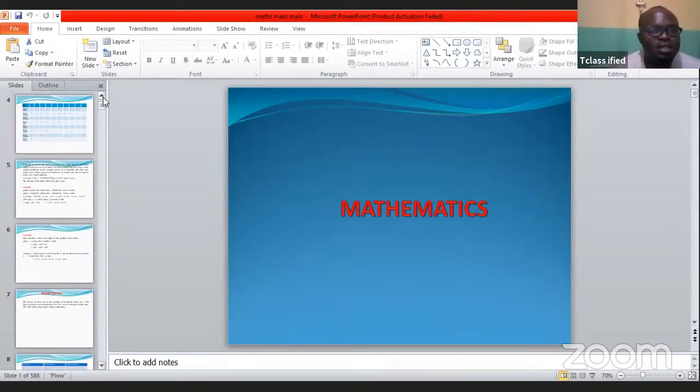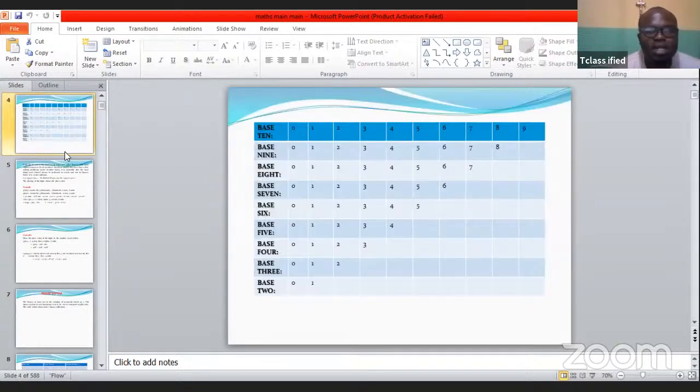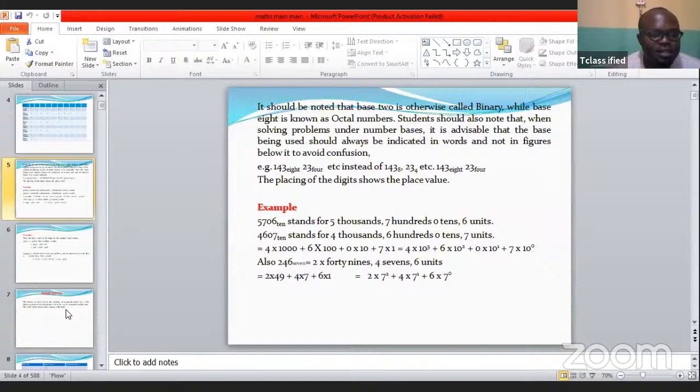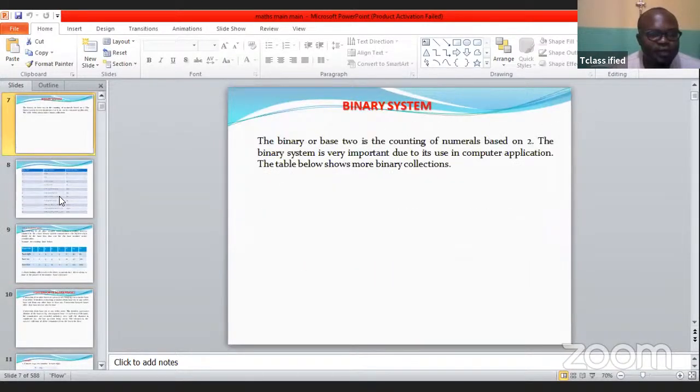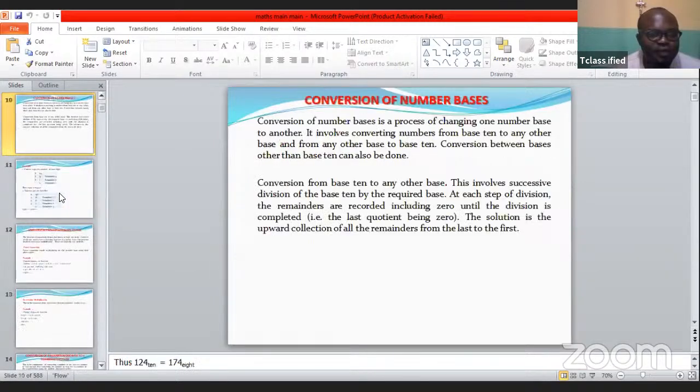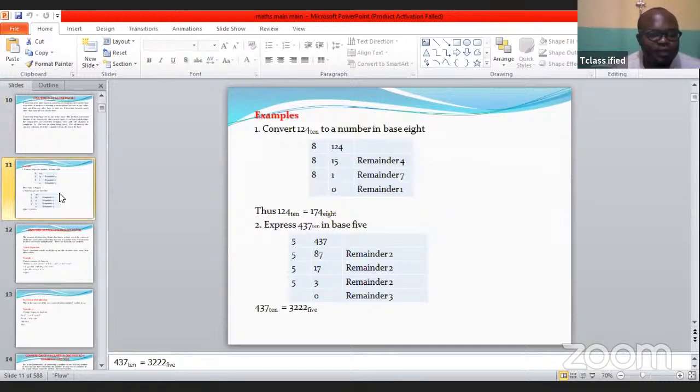So this is what we did the last time. It has various numbers you can see under any base. And these are some of the calculations we did. To convert from base 10 to base 8, you have to repeatedly divide by 8.